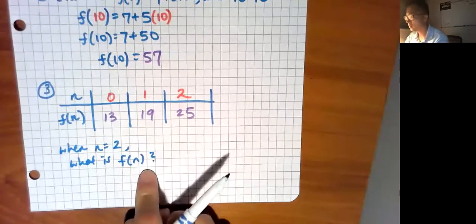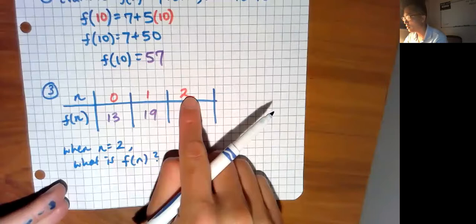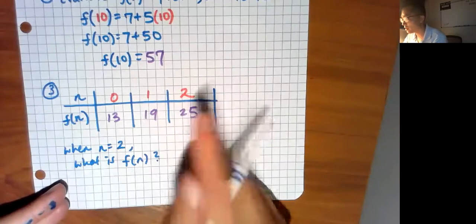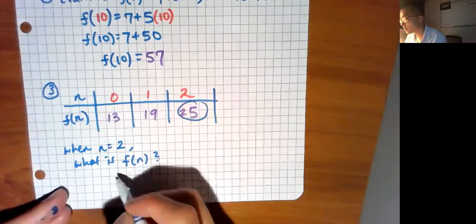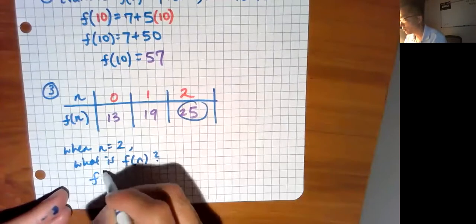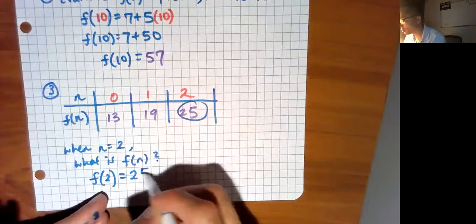Well, I can just look at the table. So when n is equal to 2, I find that that's right here. Well, f of n, the output, is in the table right there. So then I can say my answer, well, f of 2 is equal to 25.